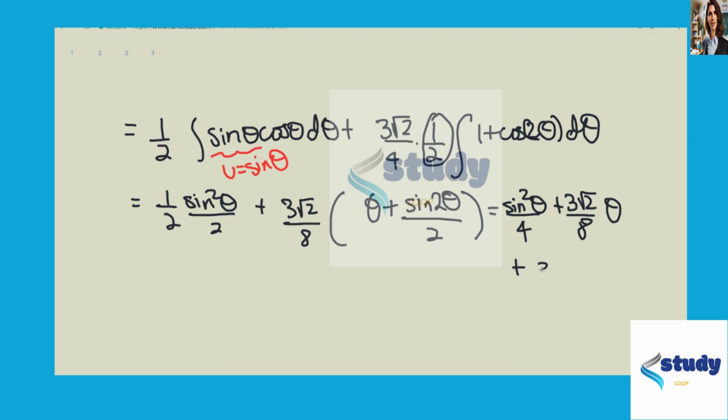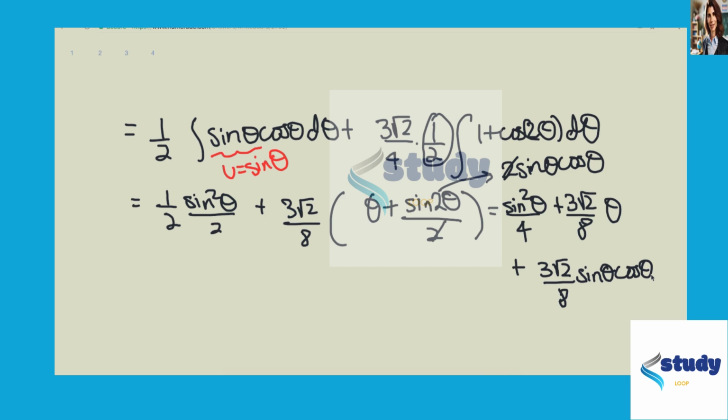And then 3 root 2. And then here, also let me go ahead and rewrite this as 2 sine theta cosine theta using the double angle for sine. Those 2's will cancel. And after using that, I still have an 8, and then now sine theta cosine theta.